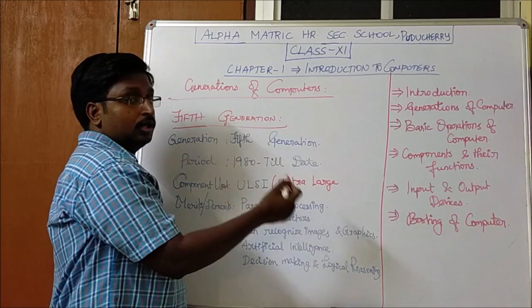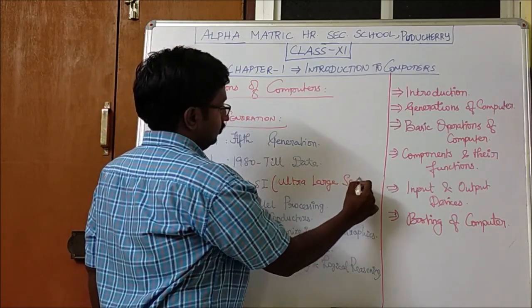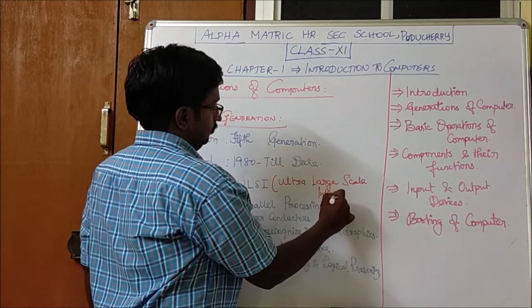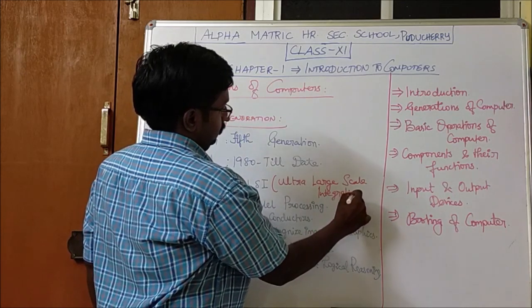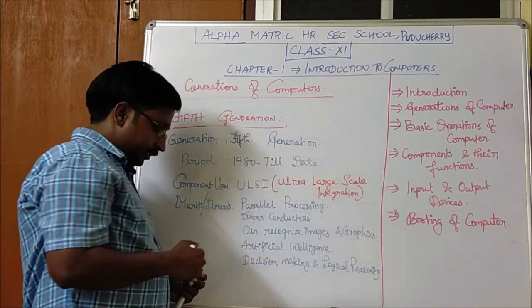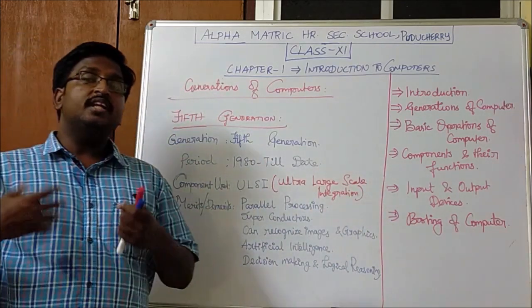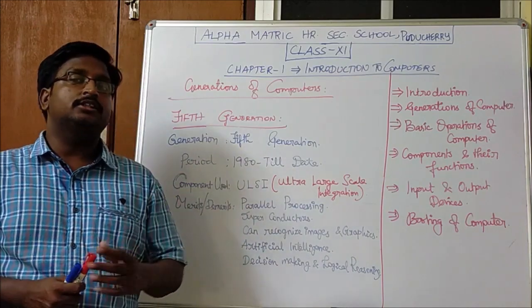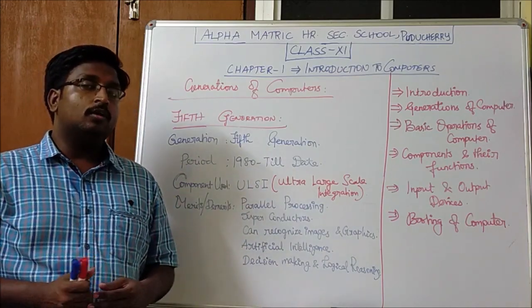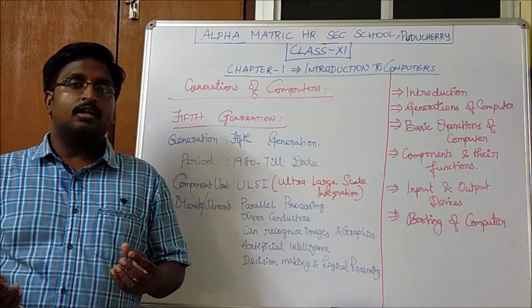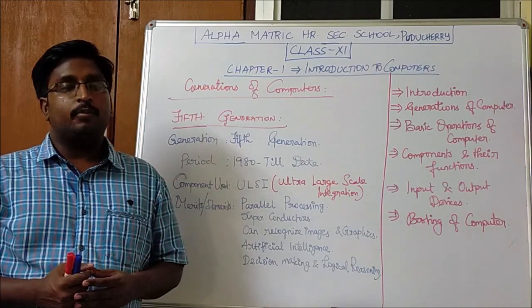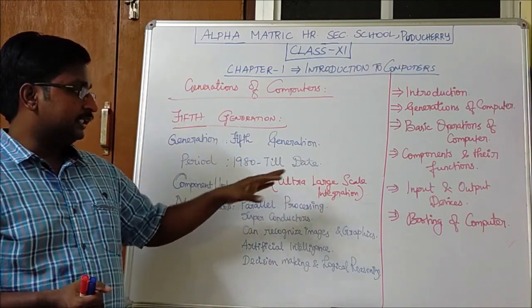This is ultra large scale integration. So it integrates so many functions into a single device, a single component. So many functionalities are combined into a single component. That is ultra large scale integration.